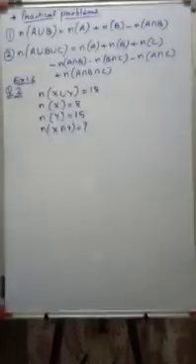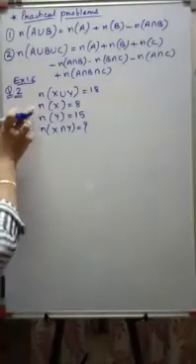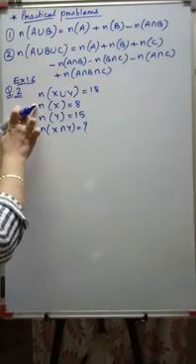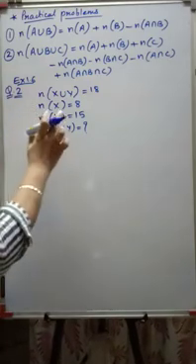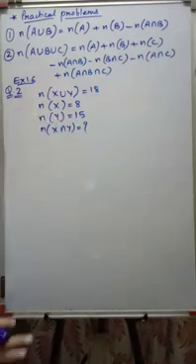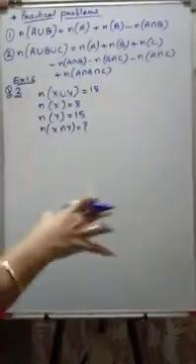So you can use the formula. Now n of X, n of Y, X can take Y can take X. That's why it is intersection. Union means total.